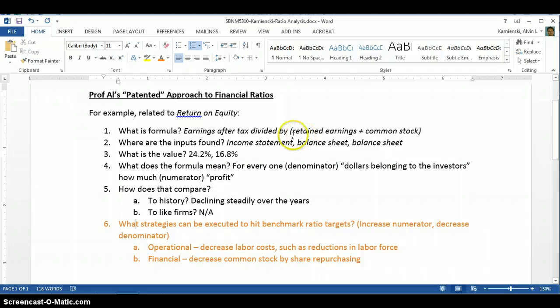So how do we get less retained earnings or less common stock? Well, one of the things we could do would be to decrease common stock by repurchasing shares. So those are the ways you can take data from financial reports, put them into formulas, analyze them over time in comparables, and correlate them into positive executable strategies for organizations.